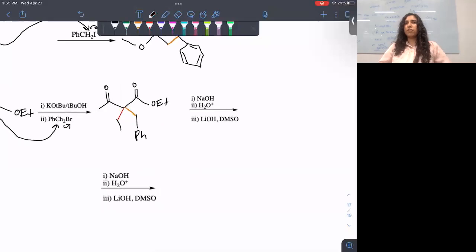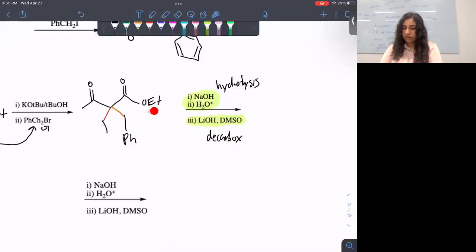The very last steps of your acetoacetic ester or malonic ester synthesis are the hydrolysis and decarboxylation. In the last steps, you hydrolyze the ester using these reagents, and then these reagents down here are for decarboxylation. When we hydrolyze, this ester turns into a carboxylic acid, so it becomes an OH.